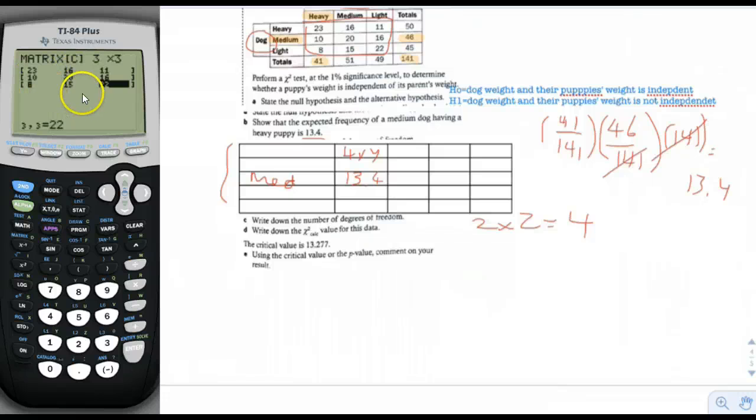Okay, so here is the input data into C, and if I go to run the stat test, go up to option C, which is chi-squared test, then I'm going to put C and D here.